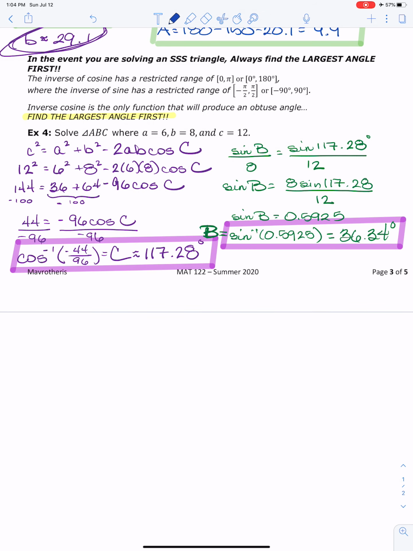And now we're going to find angle A: 180 minus 117.3 minus 36.3, and I get 26.4 degrees.